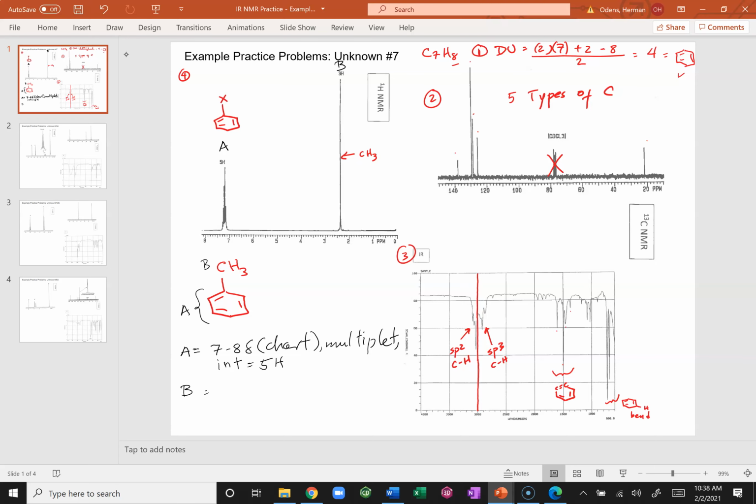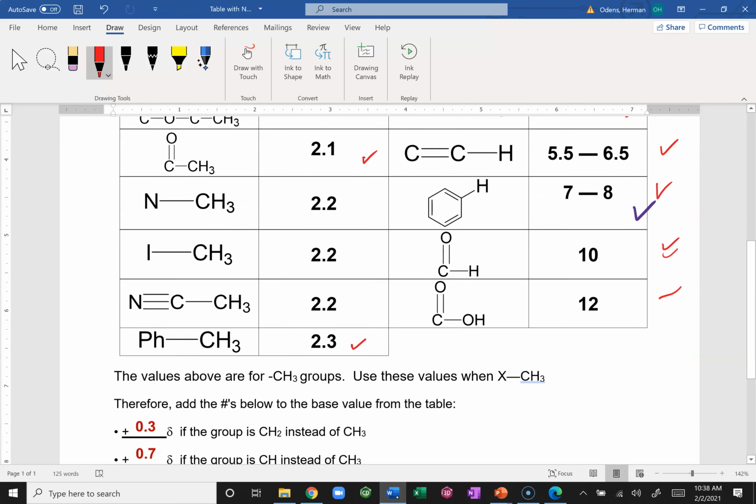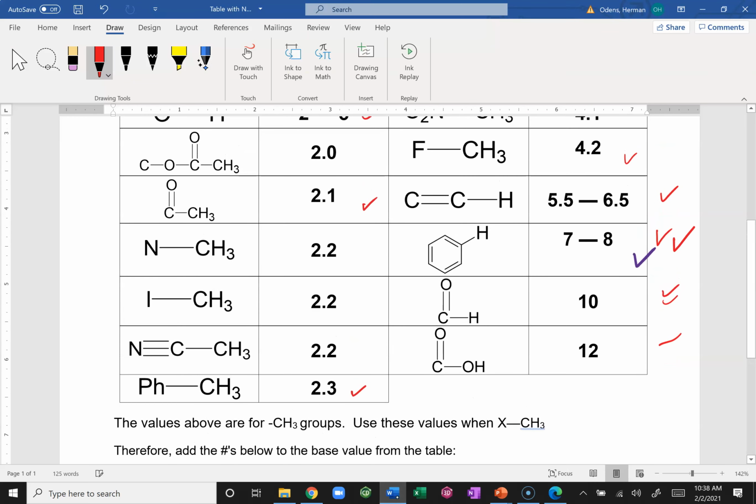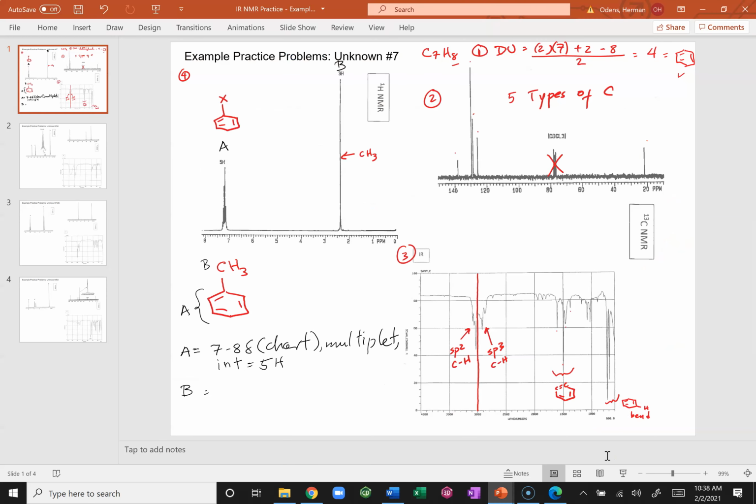And B, it starts at 2.3 on the chart. So what I did was this one and this one. So that would be 2.3, a chart value.